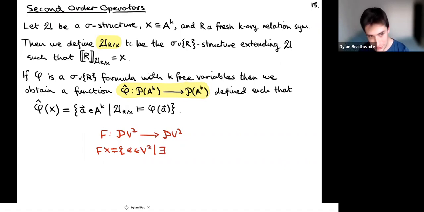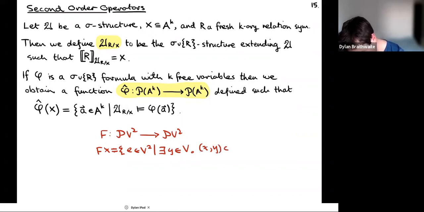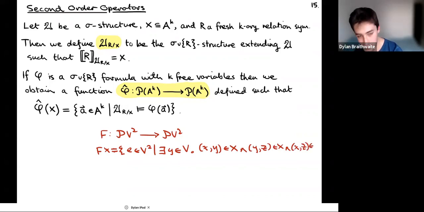There is some Y in V such that X, Y in X and Y, Z in X and X, Z in E.